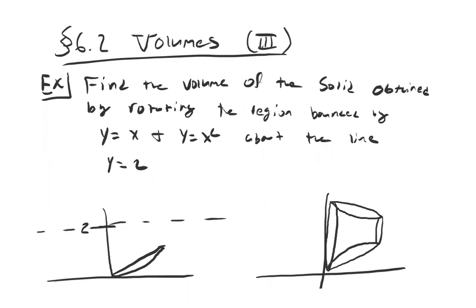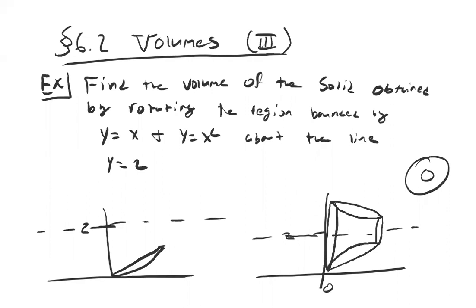So again, I have washers here. If I look at a cross section, my cross-sectional areas are these washers, and we talked about how to find those areas. I'm still going to determine what the x values are for my integration, and we did that last time.